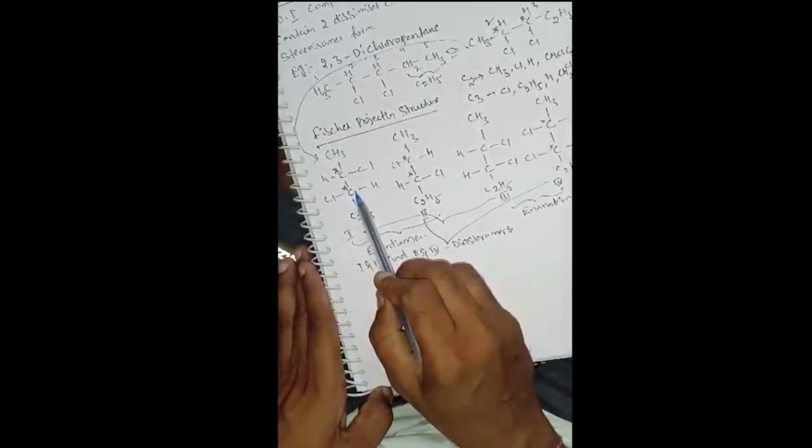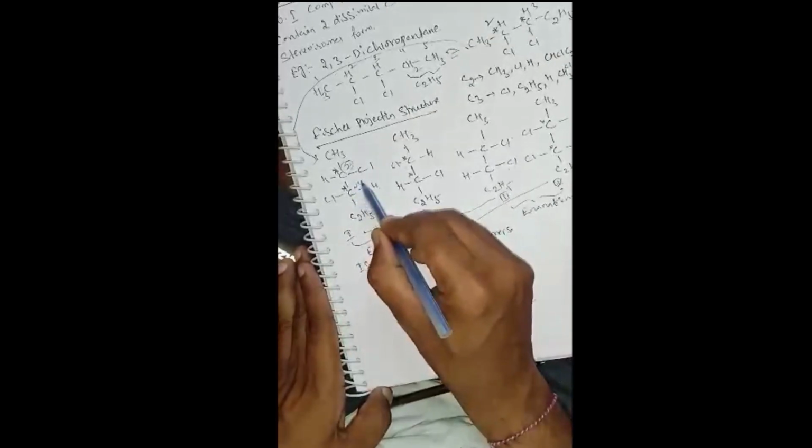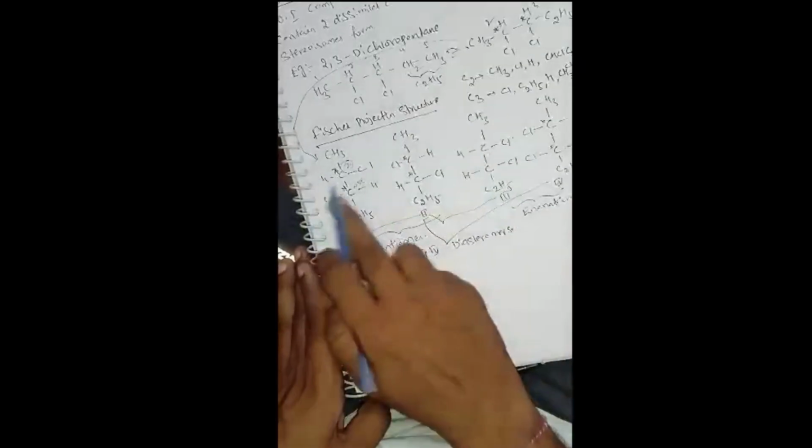If you observe 1 and 3, these are non-mirror images, because the mirror image cannot form because of the second carbon. So this one and this one do not form mirror images, and they are not superimposable. When I place the first one on the third one, the non-superimposability takes place at the third carbon, with the hydrogen and chlorines.